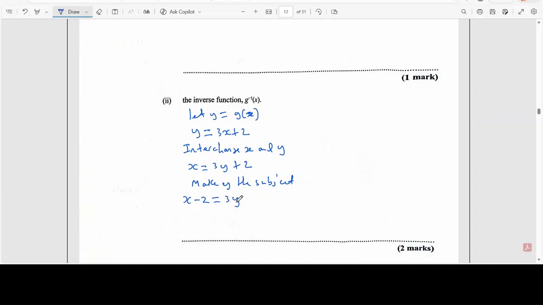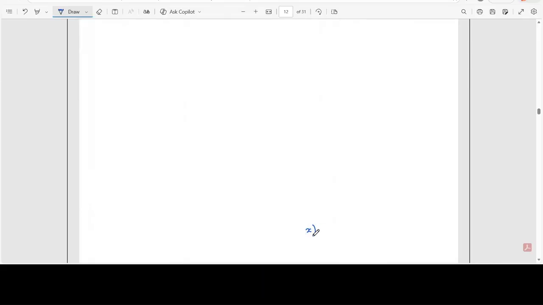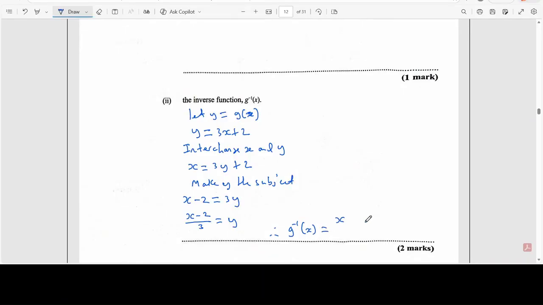And then now we want y by itself, so to get rid of this 3, we have to carry it across and divide. So x minus 2 divided by 3 is equal to y. And then the last step is to replace your y with the inverse symbol. So therefore the inverse here is going to be x minus 2 over 3.